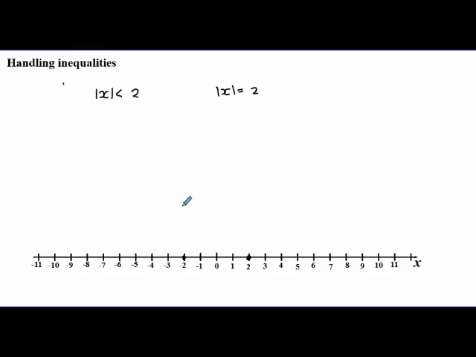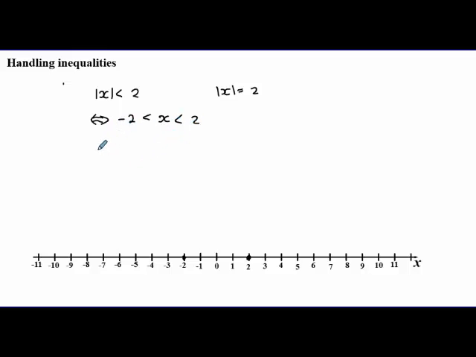So if we talk of less, we'll be talking about numbers like 0, like 1, minus 1, and any number in between. So this actually gives us an interval from minus 2 to 2. That's what this gives us.